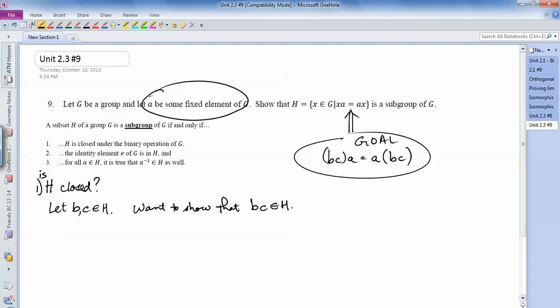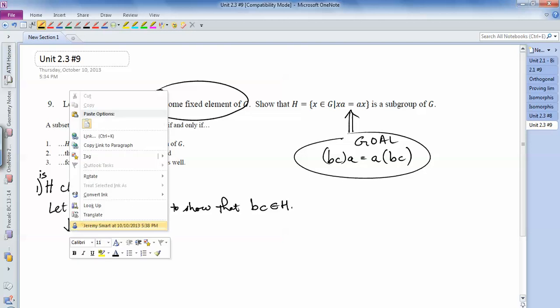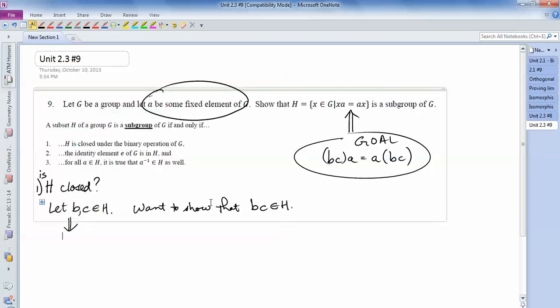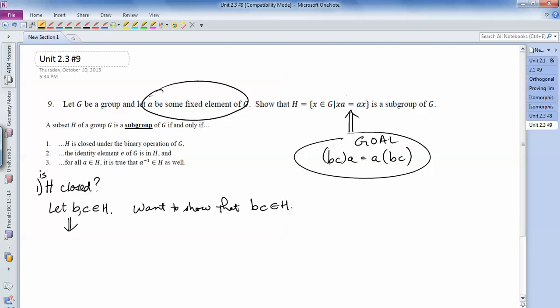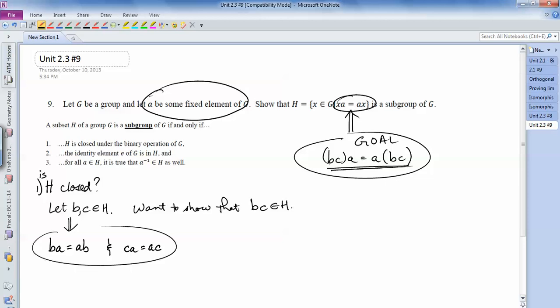I started with B and C in H. So if B and C are in H, that tells me, using the rule right here, that B times A equals A times B, and C times A equals A times C. And remember, A is not any random element, it's a specific element. You don't get to pick it. It's set in stone. That's by definition of what H is. So somehow I have to manipulate these to get this.